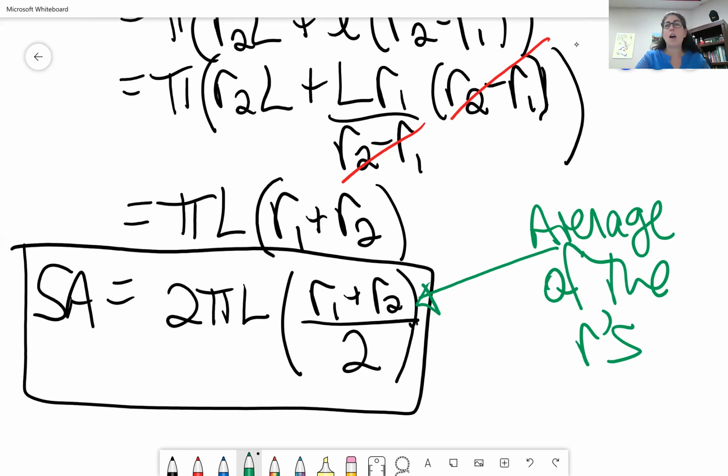So the surface area of a frustum is calculated as 2 pi L. L is that slant height times the average of the radii. That's the end of part 2.